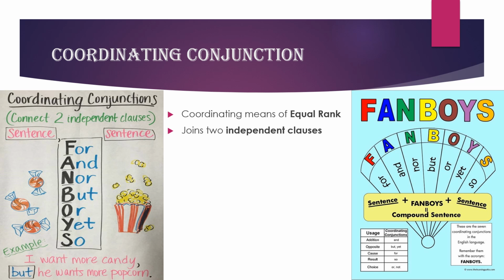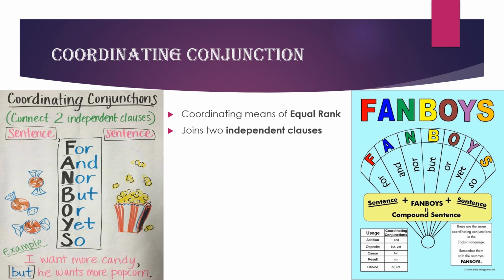Now here, the usage of "for" will be used to show some cause of something. Then "and" will always be used to show that there's an addition taking place. When I have words like "nor" or "or", they tell you a choice.